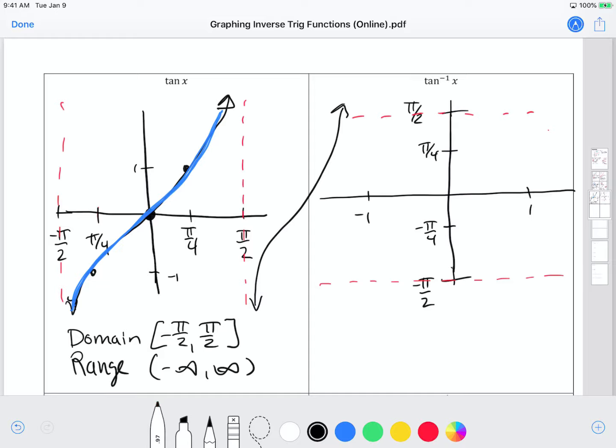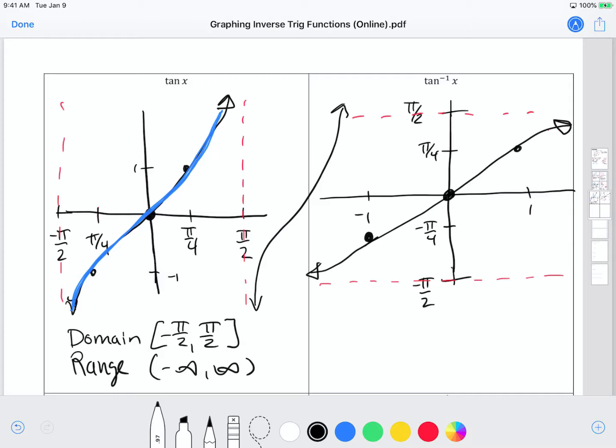Now if we start plotting points, we have a point on the mother function, negative pi over 4, negative 1. So when we swap that, we're going to have the point negative 1, negative pi over 4. And then switching 0, 0 remains the same. It's still 0, 0. And then if we switch the point pi over 4, 1, we get 1, pi over 4. So now our inverse looks like this.